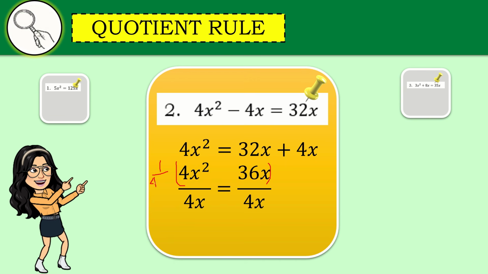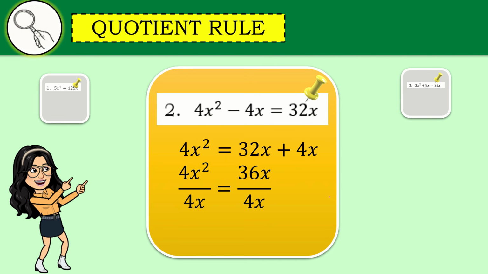Same with the other side, we multiplied it by 1 over 4x. So if you multiply 1 by 4x squared, that will give you 4x squared, and the denominator will now be 4x. I am explaining how we come up with our 4x in the denominator because we applied the multiplication property of equality. Are we good with that?